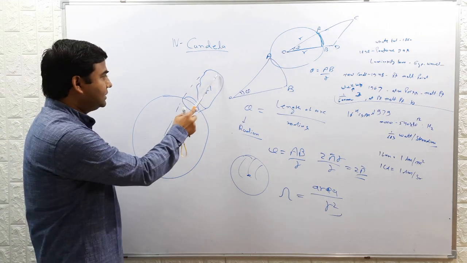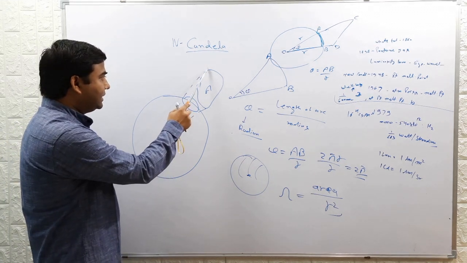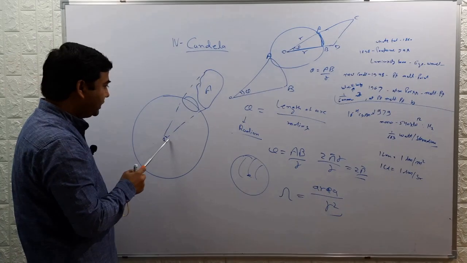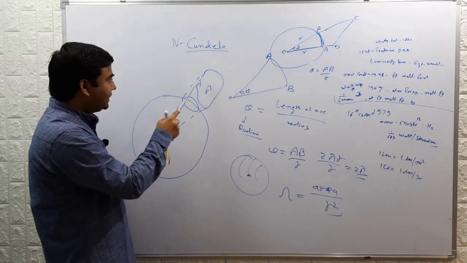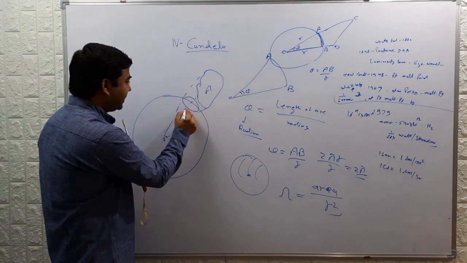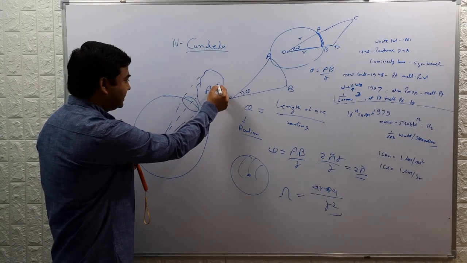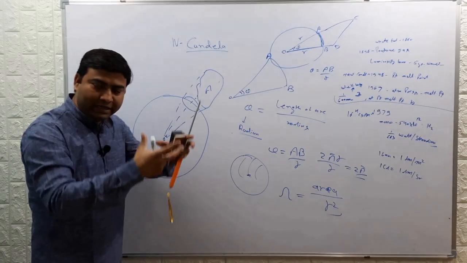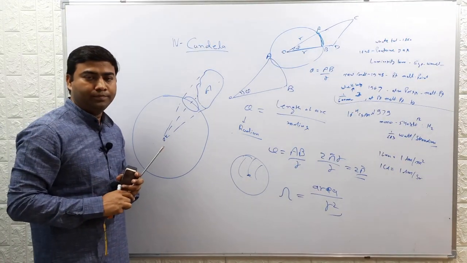Similarly here, this is an area, and this area is subtending a solid angle. When we take all lines from the periphery of this area and join them at the center, it will make a volume.